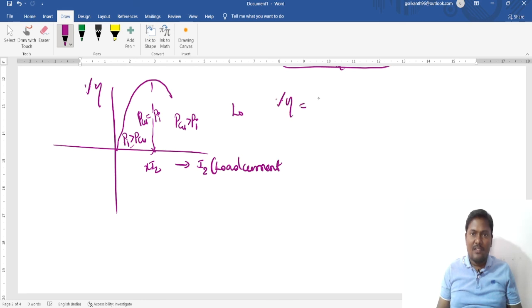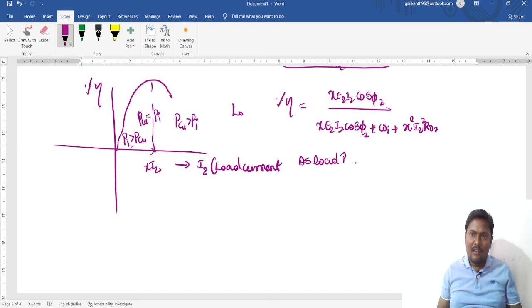So percentage efficiency is equal to x E2 I2 cos phi 2 divided by x E2 I2 cos phi 2 plus iron losses plus x square times I2 square R naught. As load increases, I2 also increases, and this term increases. The x value is very small for lower values of load currents, and instead of increasing the denominator, the numerator will increase more.